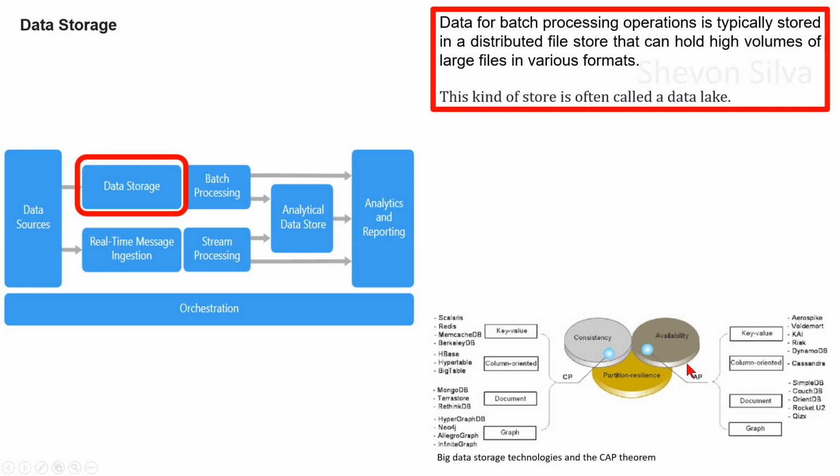Recent distributed systems for storing big data satisfy either pair. Consistency and partition resilience are presented in this figure and as CP, and the intersection shows the list of technologies that possesses these two features from each data model.